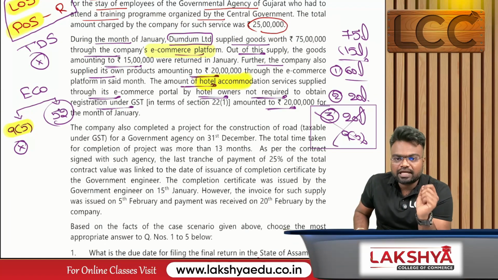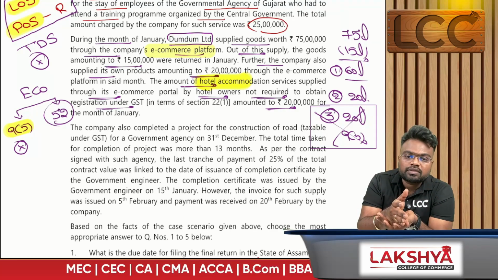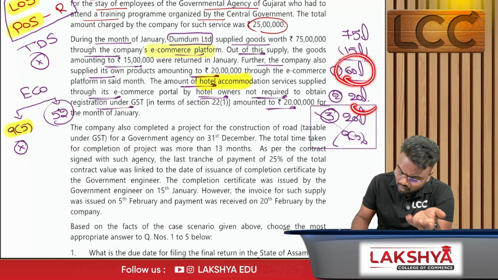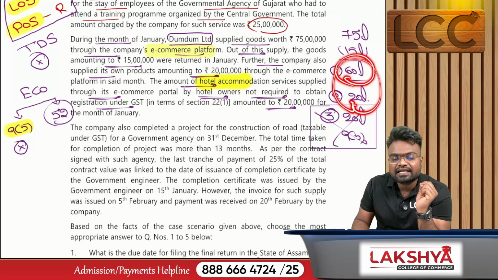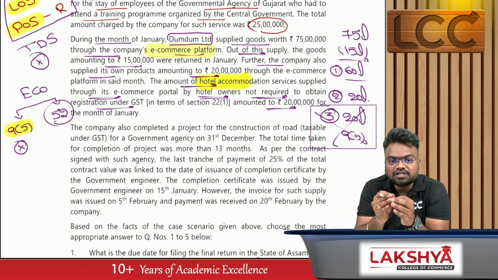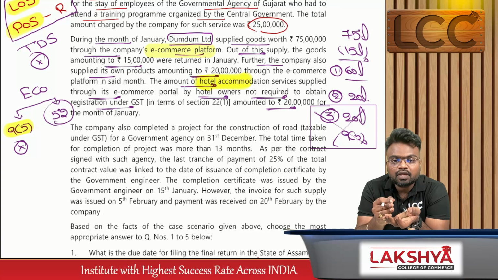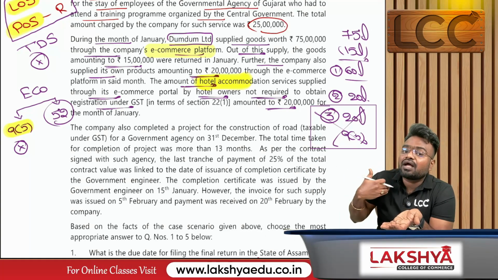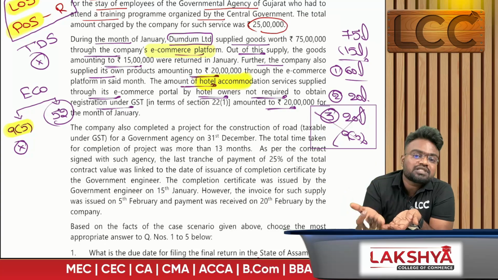Now you tell me on what amount TCS is applicable. 60 lakhs or total 60 plus 20, 80 lakhs. The TCS provisions are applicable only if it is another person selling goods on our platform, not on our own supply.